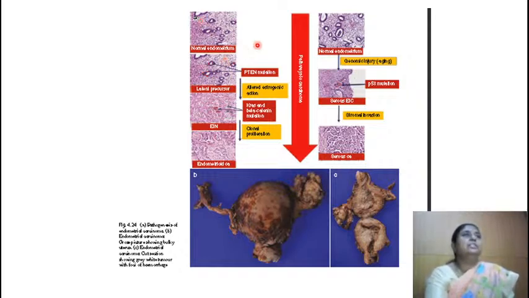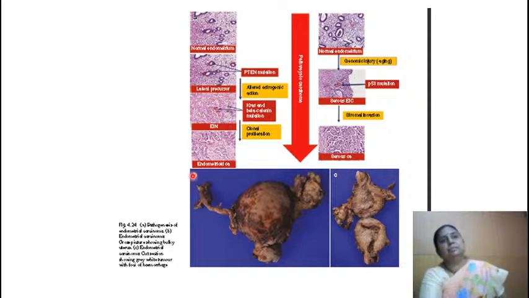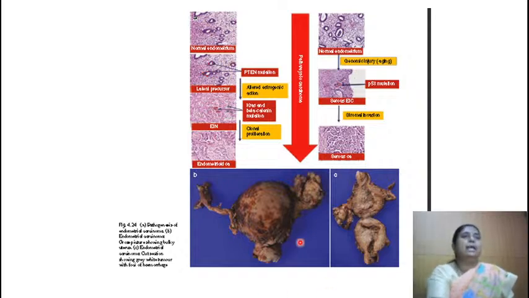First they will have PTEN mutations, followed by other mutations and microsatellite instability, and here in type 2 it is usually only the P53 mutation which occurs. P53 is an anti-apoptotic gene.